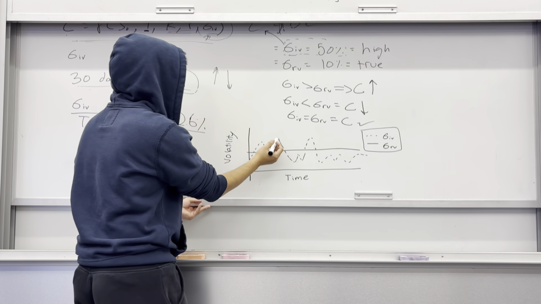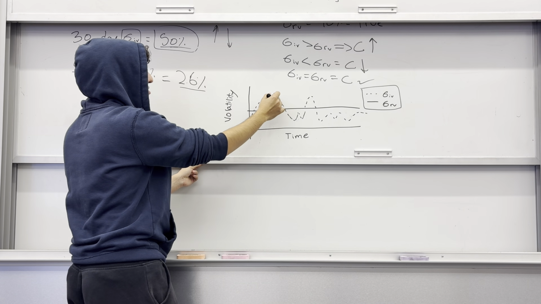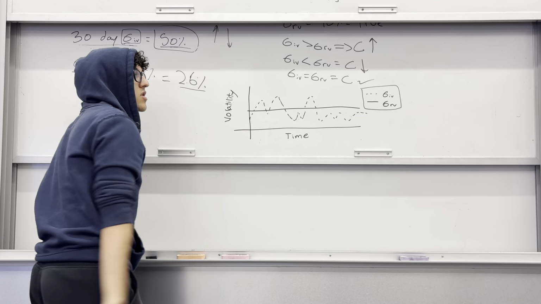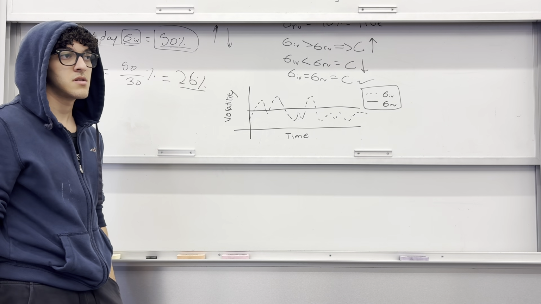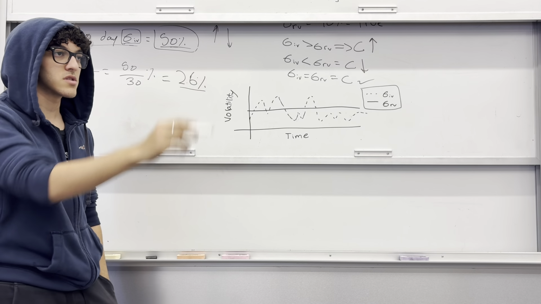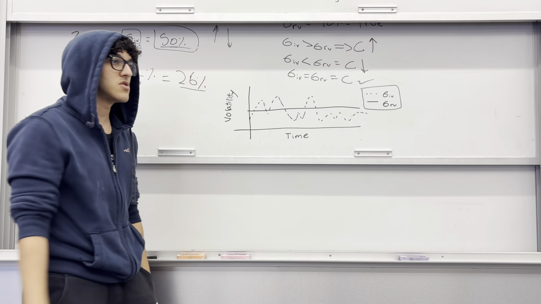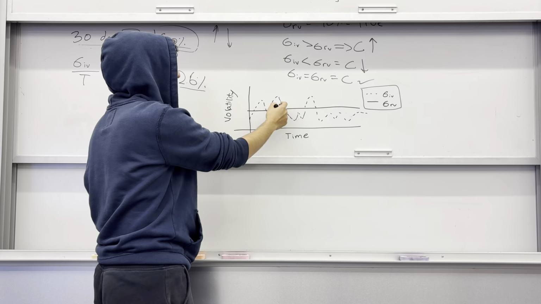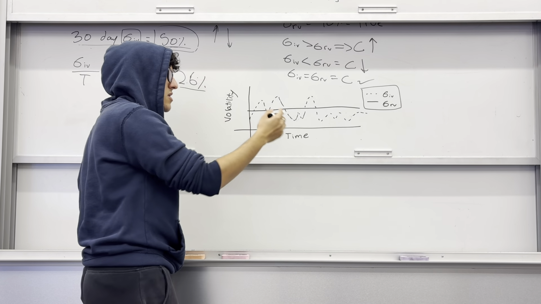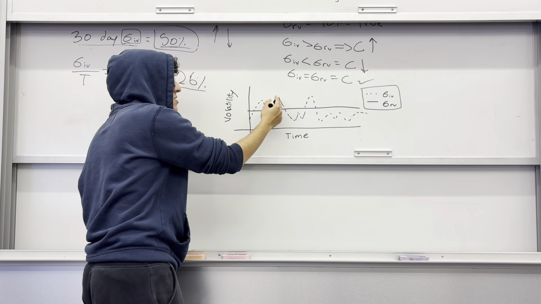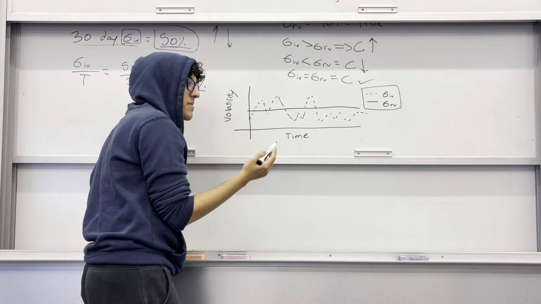So if the call price is too expensive, what would you want to do to profit? You short the call, you sell it. You sell a call that you'd have to buy back in the future.